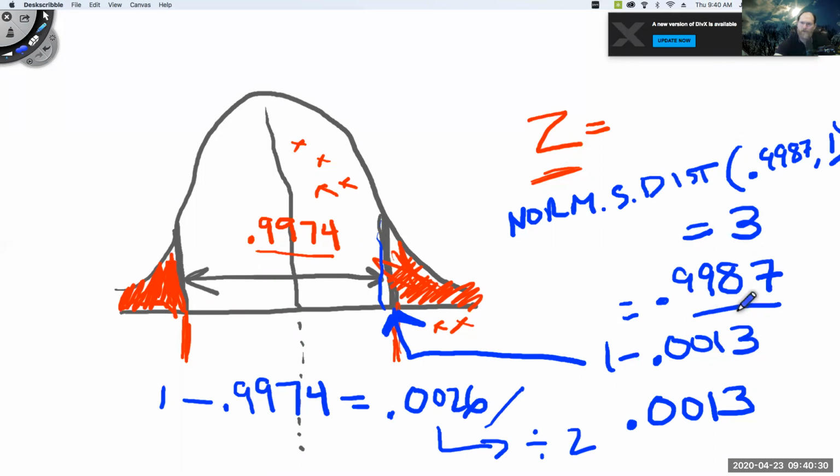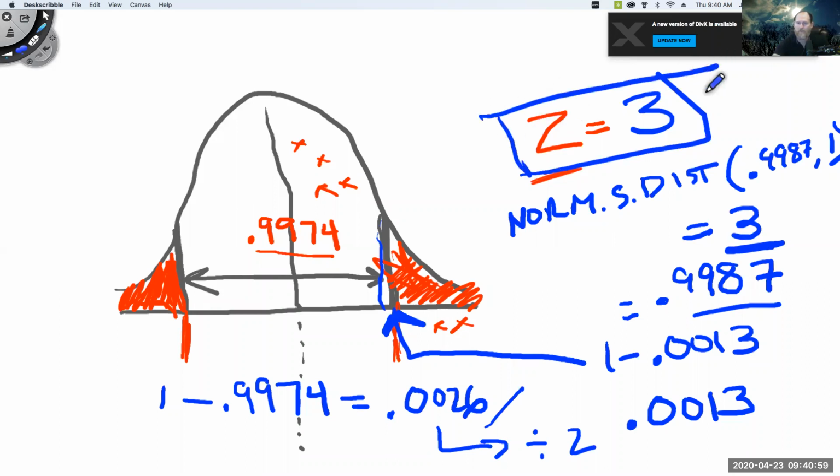So either way, if I take this value and go to the Z table, and when I say go to the Z table, I'm talking about the one that I've provided online, looks like this. And I would go find that 0.9987, or I can use the function. I think I have the correct function, but I usually go to the Z table. That's just my personal preference. Either way, I'm going to get a Z value of 3. And that is the Z value that I'm going to use in my formula.